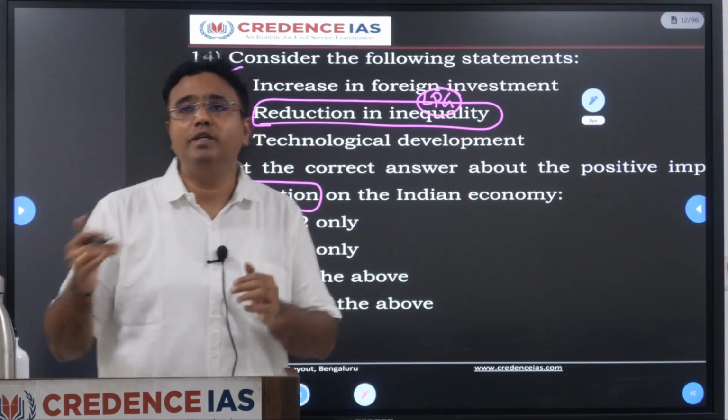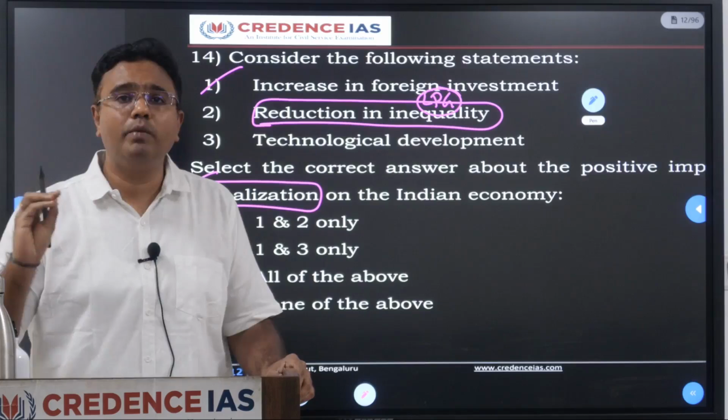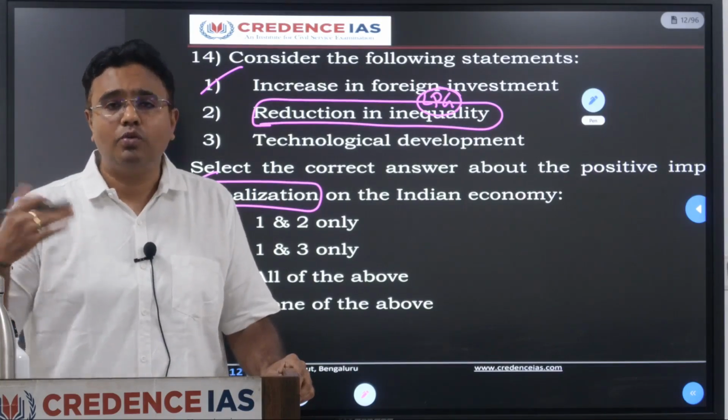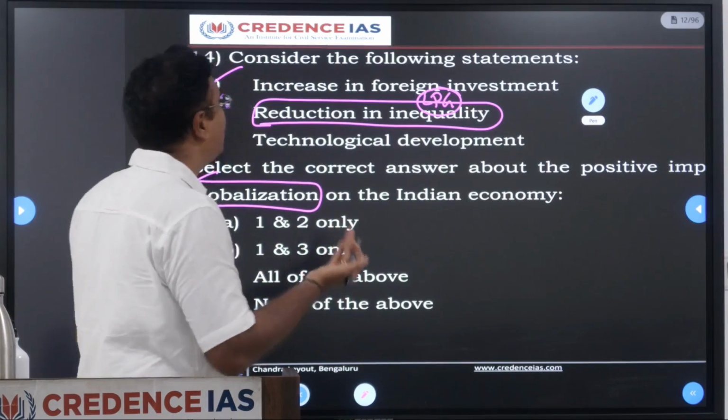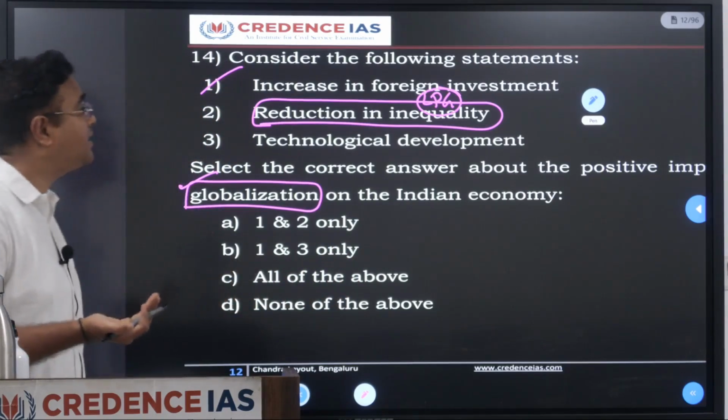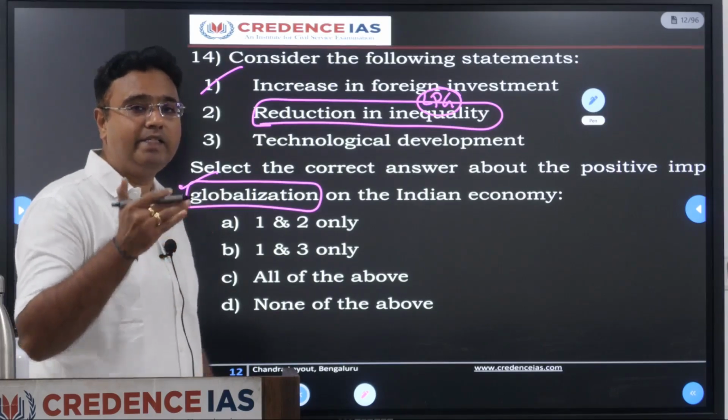So inequality has not been reduced, it has increased. Like this you can take various examples as the side effects of globalization. Instead of reduction, it has increased the inequality.